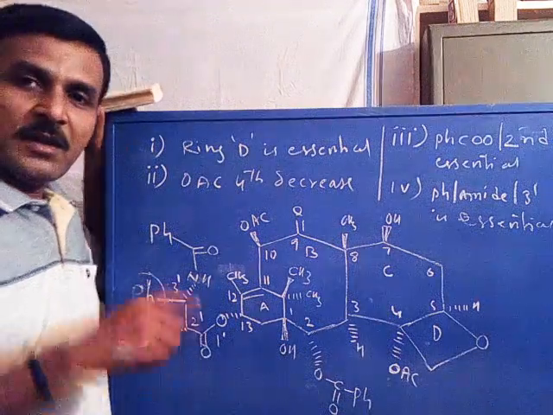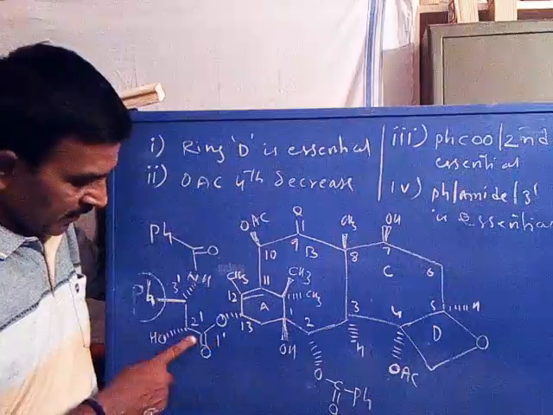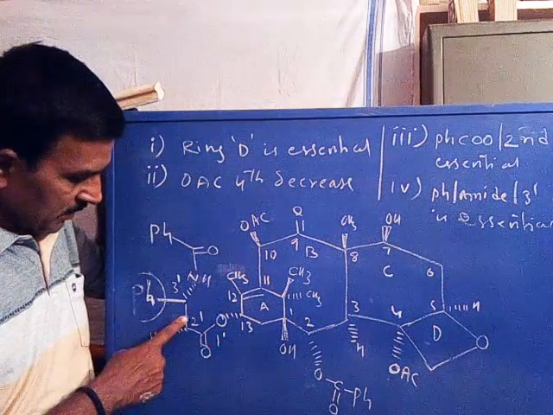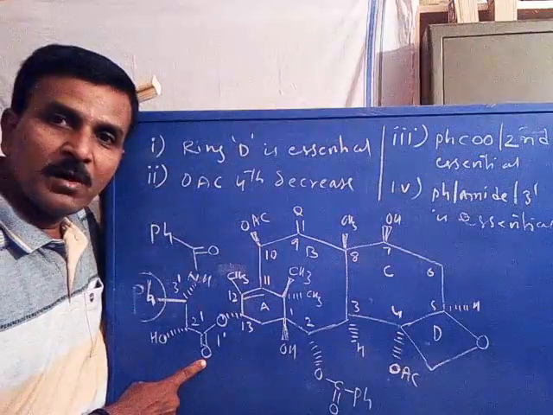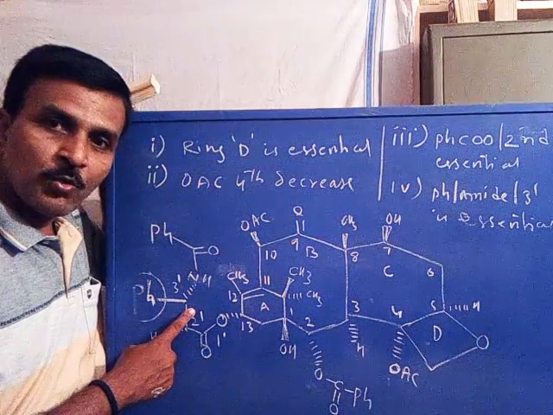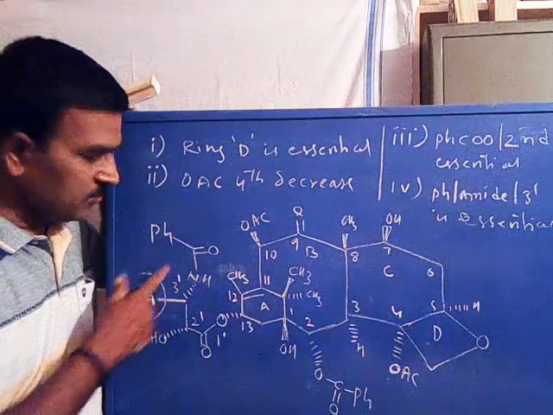Now the other groups on 1' carbon, that is C double bond O, the substituent on 1' carbon, and the 2' carbon is OH group, and 3' carbon, these two groups.